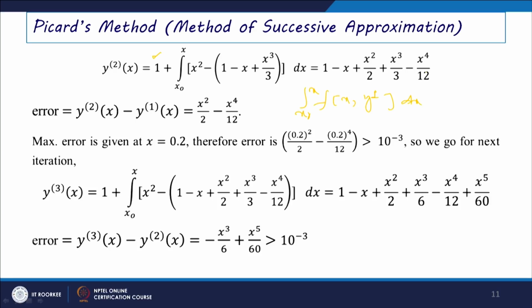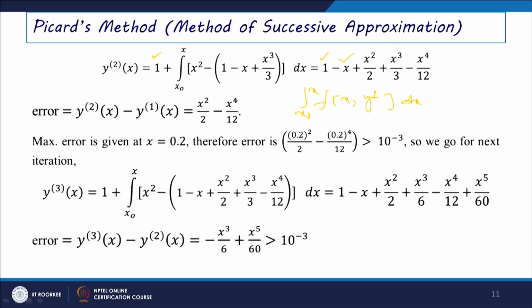Now for the error term: the improvement of the solution obtained after the next iterated step is found by taking the difference of two consecutive steps, and that difference is nothing but the error in that step. So consider y2 of x minus y1 of x. From the last slide, the y1 terms are 1 minus x plus x cube by 3.